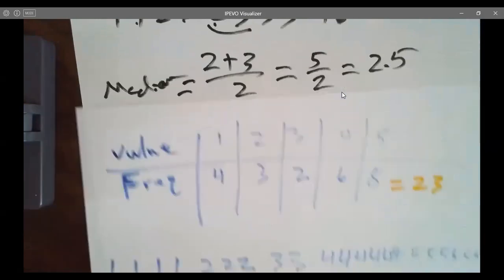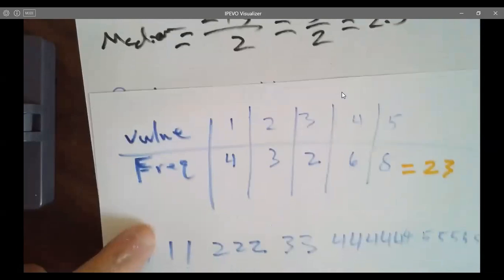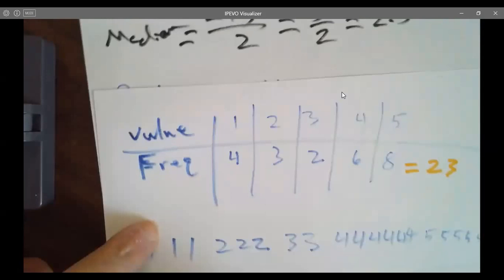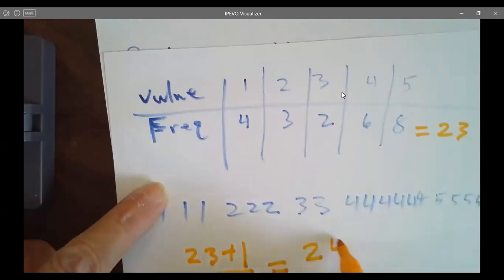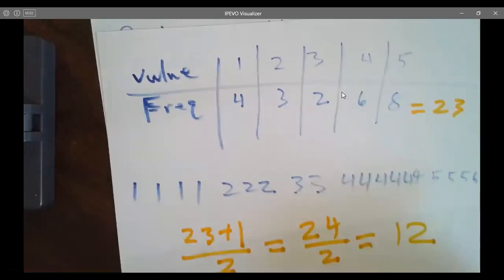Okay, so we add them all up and we get 23. So we're going to take 23, add 1 to it, and divide it by 2. That gives us 24 divided by 2 is 12. So position 12, that's just the position.